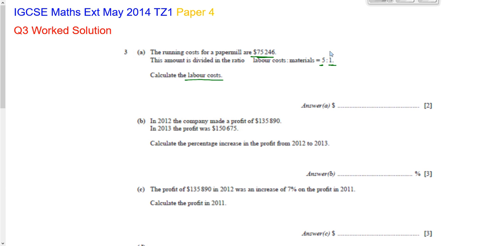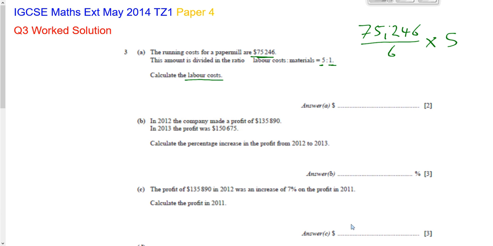Now we've got a ratio here, so there's a total of 6 parts. So I'm going to take the 75,246 and divide that by 6 because there are 6 parts in total. Once I divide by 6 to know what 1 part is worth, I'll multiply that 1 part by 5 to figure out what that's worth.